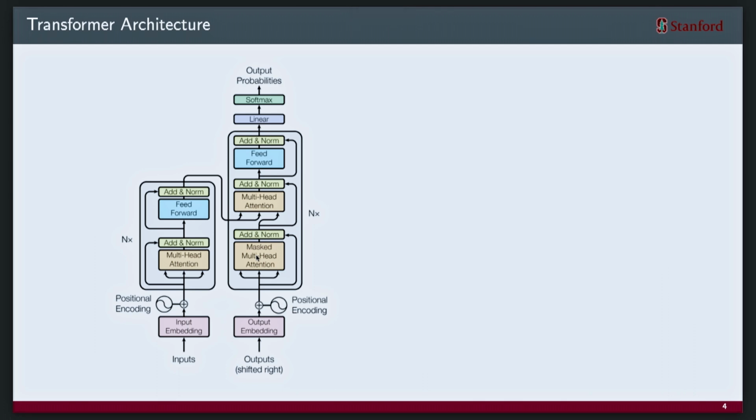Now, a fundamental component of the success of these deep learning models is without a doubt the transformer architecture, which is illustrated in this super famous diagram. The transformer architecture consists of several parts, and arguably those that drive most of the performance are two.